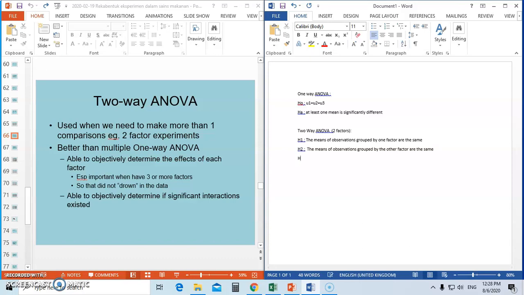And for the third hypothesis, there are no interactions between the two factors. So these are our hypotheses for a two-way ANOVA. You can see that the hypotheses are different between the one-way ANOVA and the two-way ANOVA.